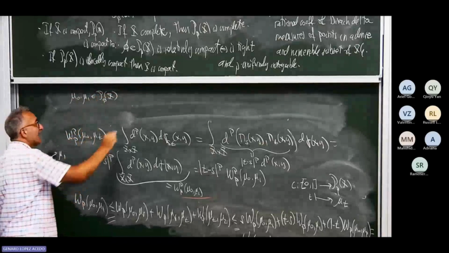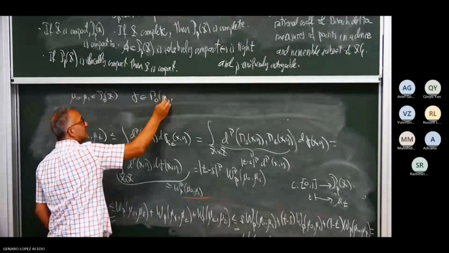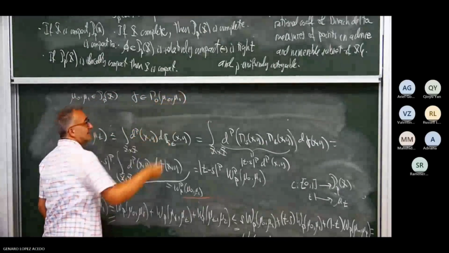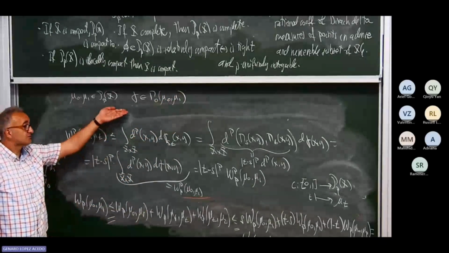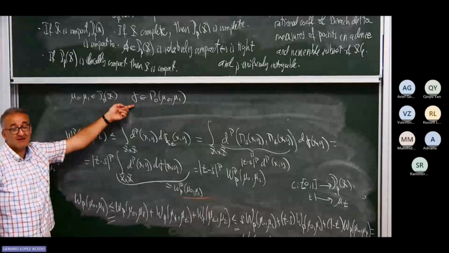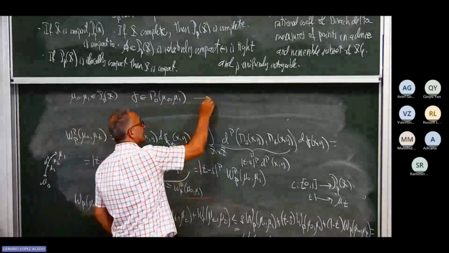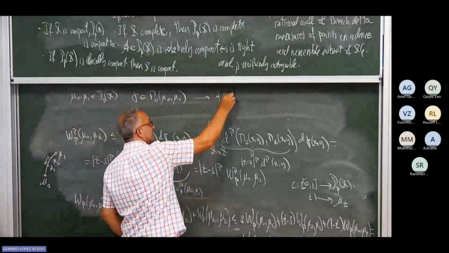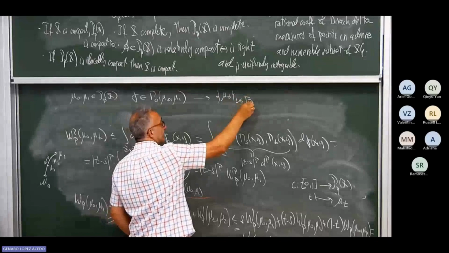We took gamma, an optimal coupling, and the geodesic was constructed out of this gamma, right? So we had this family mu t, t in 0, 1.